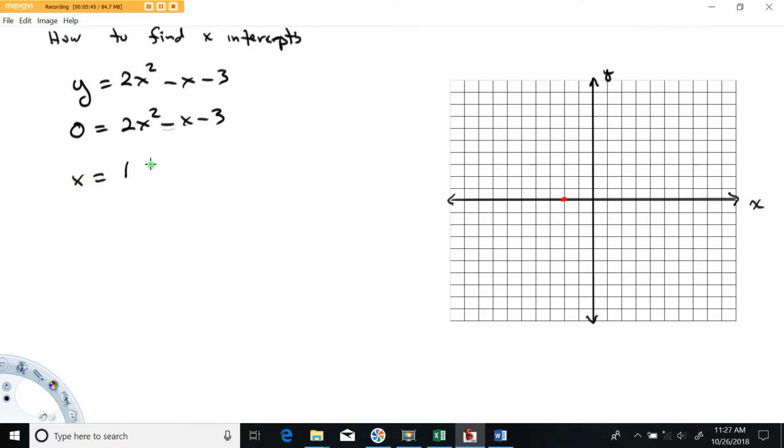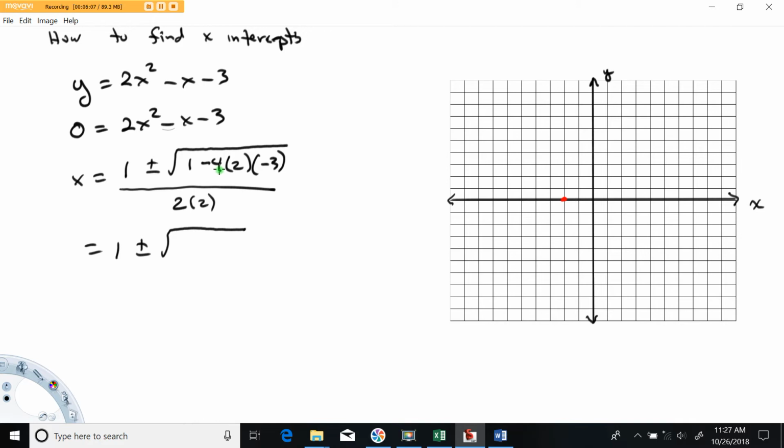Opposite of b, plus or minus the square root of b squared, which would be 1, minus 4 times 2 times negative 3, all over twice a. Cleaning it up a little bit, looking inside here, this is going to be positive. 8 times 3 is 24, and 1 is 25, and then over 4. So that's going to be 1 plus or minus 5 over 4.